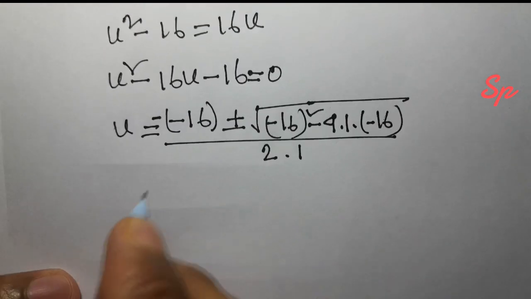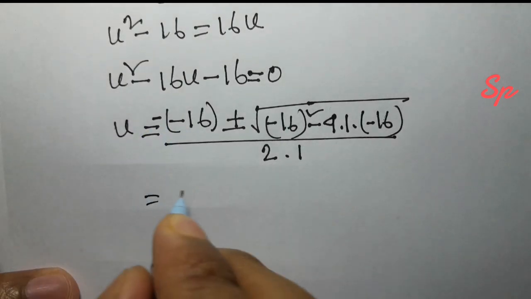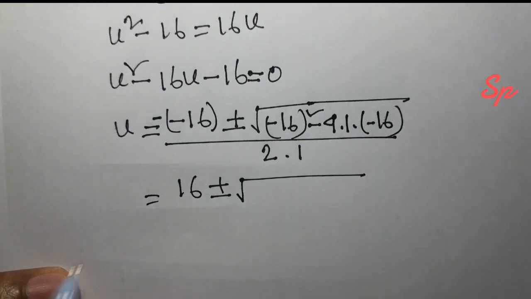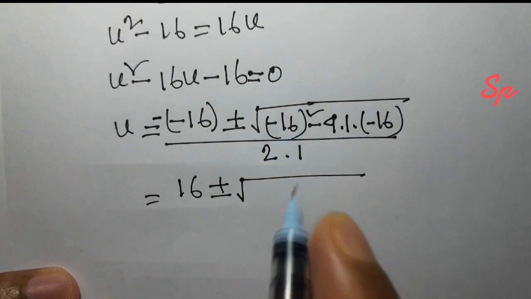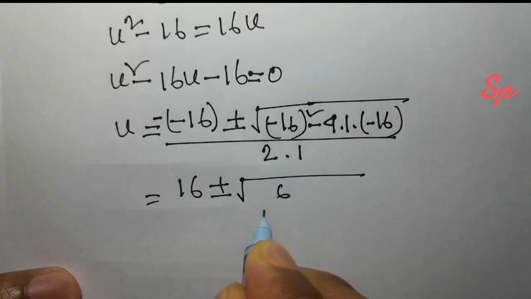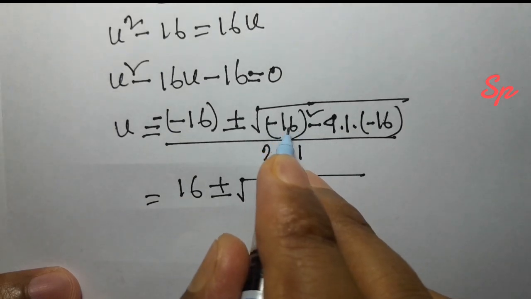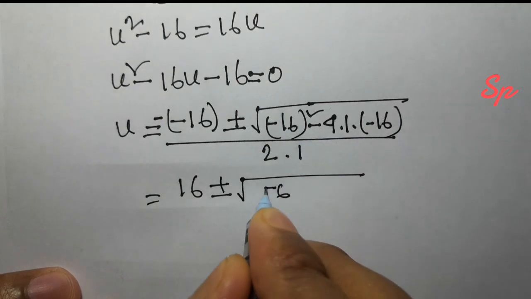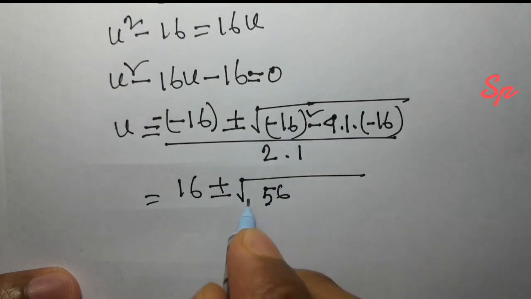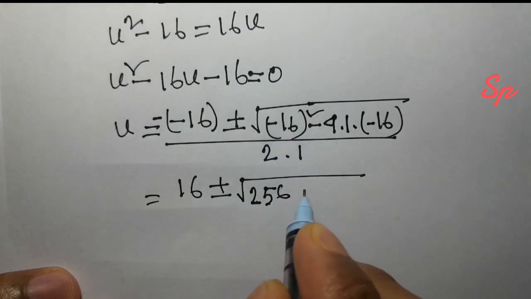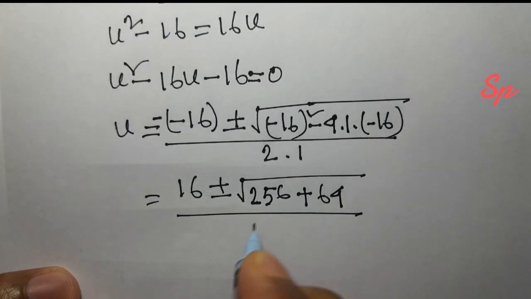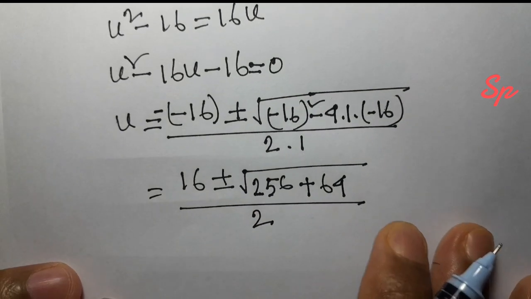Okay friends, then we can write minus and minus is plus: 16 plus minus root over 16 into 16 is 256, plus 64, by 2.